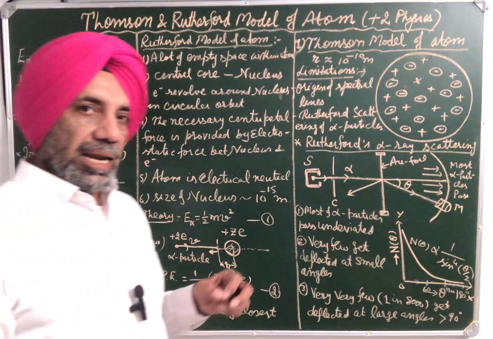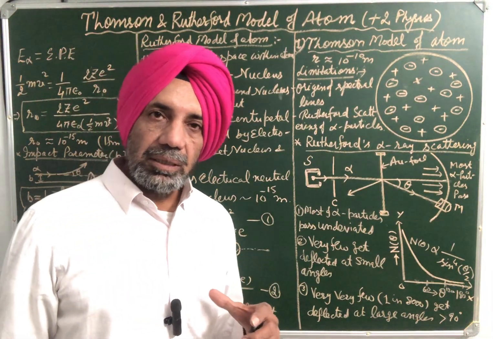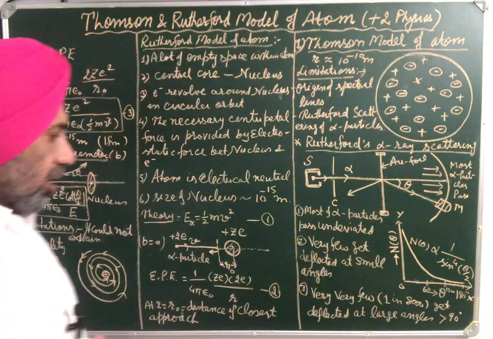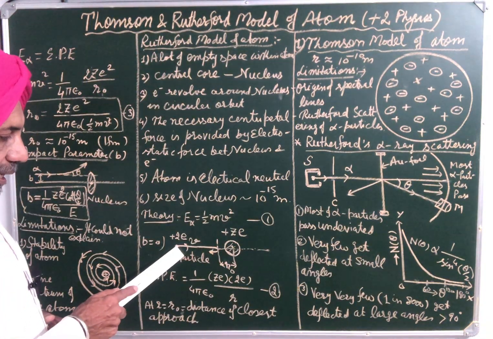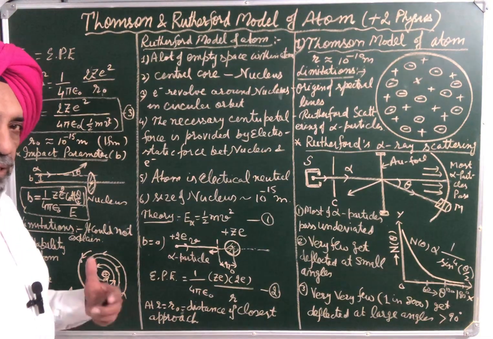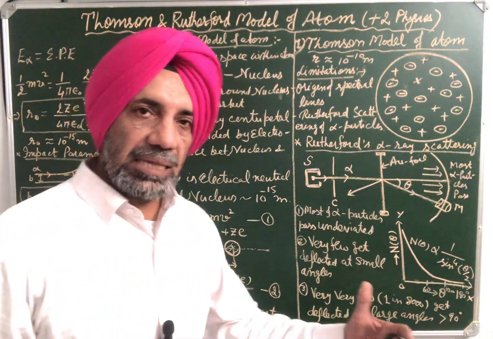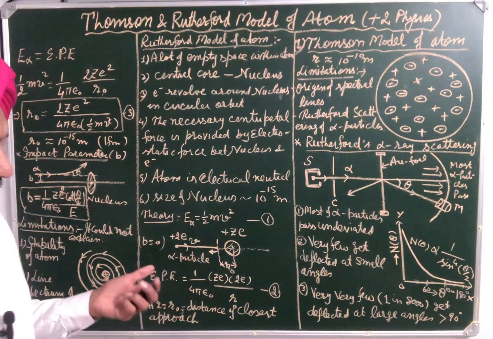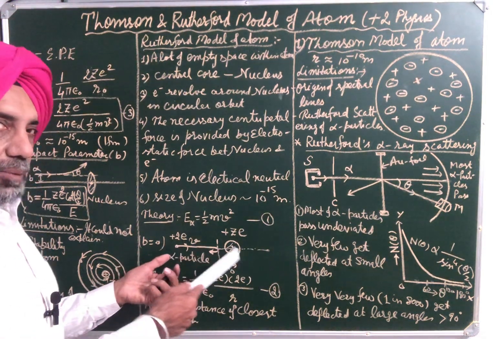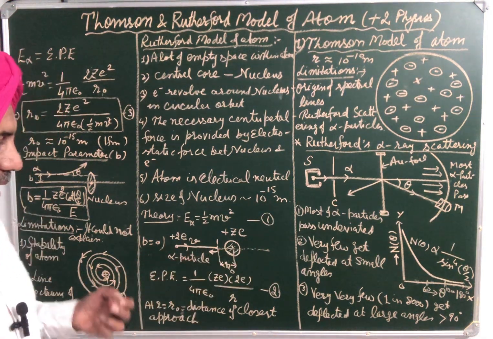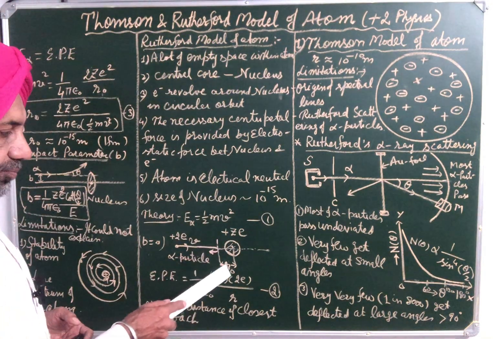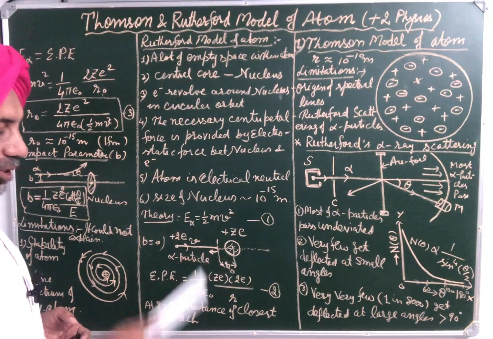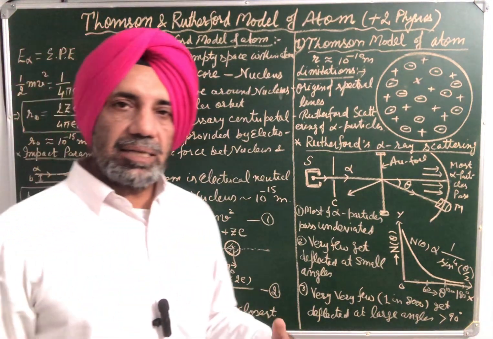When an alpha particle having some kinetic energy approaches the nucleus at rest, what happens? Its kinetic energy goes on decreasing as it approaches the nucleus, because of the electrostatic force of repulsion between two like charges. As soon as it approaches a particular distance r naught from the nucleus, the kinetic energy becomes zero.